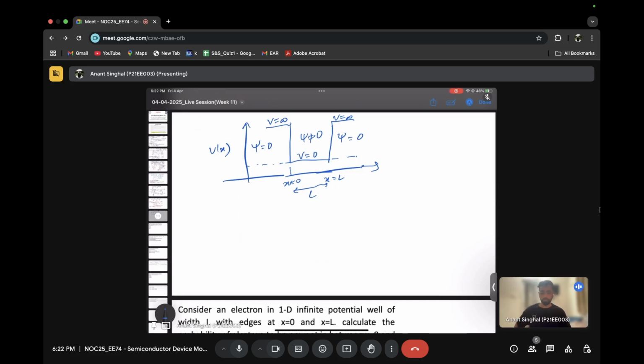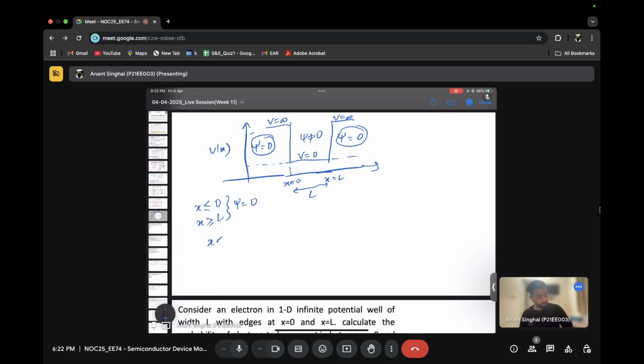So it is not possible practically, and the probability of finding an electron per unit volume will be 0 outside the well, and the total probability will be 1 inside the well. So at x less than or equal to 0 and at x greater than or equal to L, psi will always be 0.